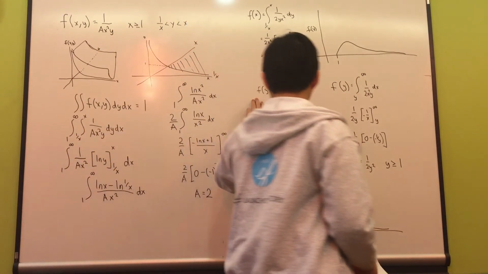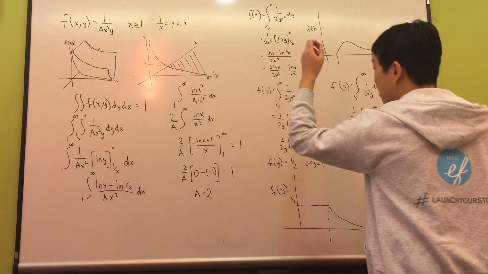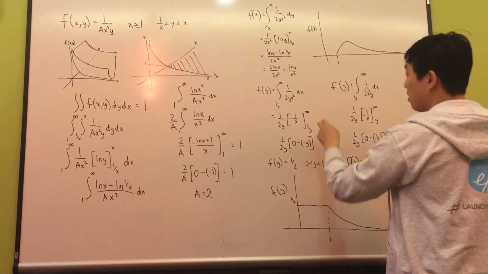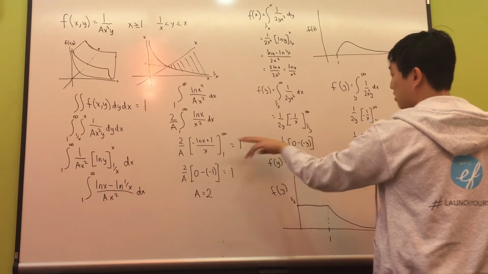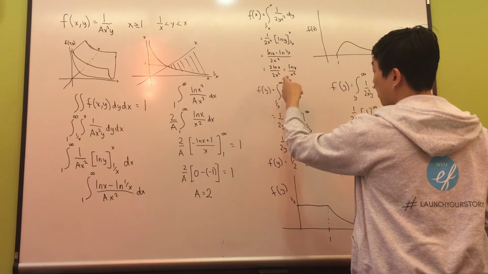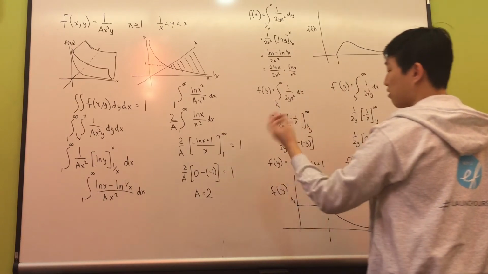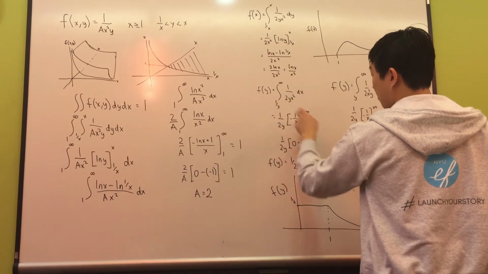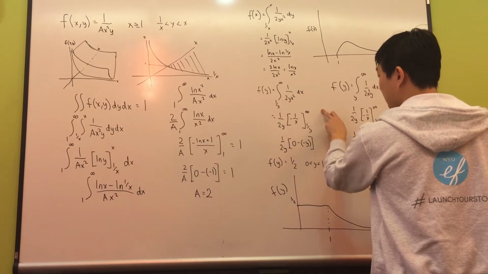So it becomes f of y is equal to the integral from 1 over y to infinity of f of x and y dx. So the 1 over 2y can just come out, and then we integrate 1 over x squared, and the integral of 1 over x squared is just negative 1 over x, so it's that over the bounds of 1 over y to infinity.